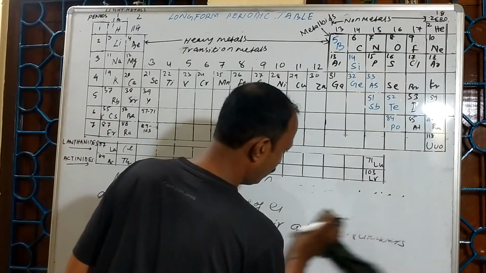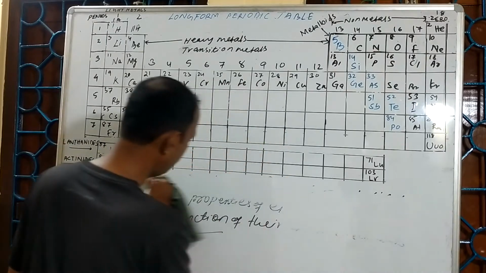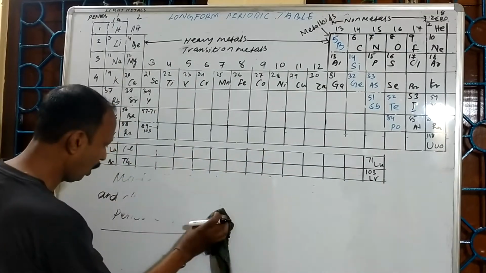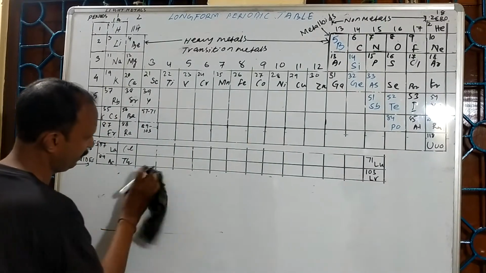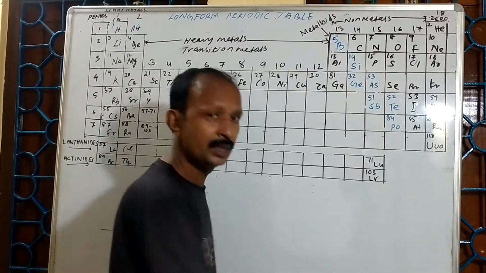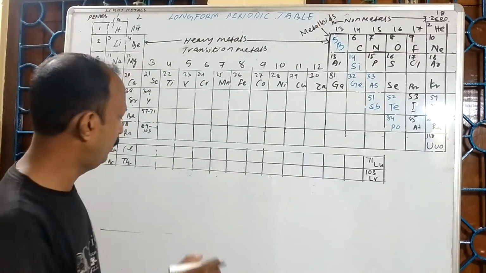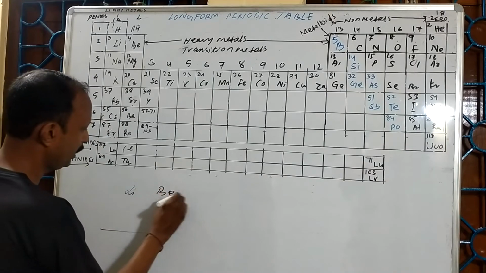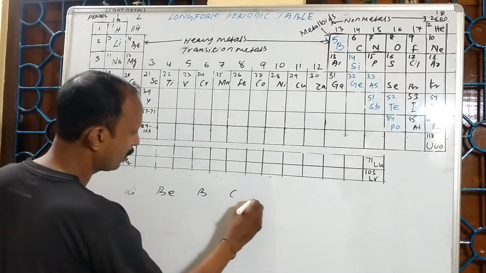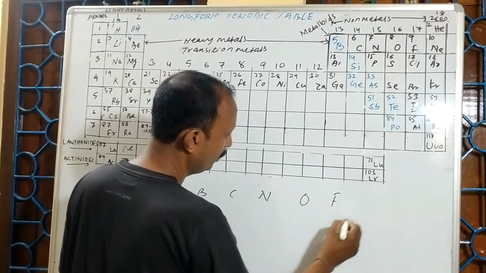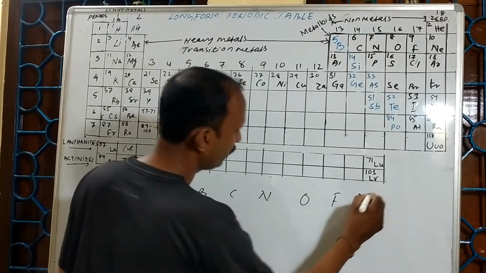For example, I am taking some elements to explain the periodic law, not the periodic table. Before that, we should know what this periodic law is. I am taking lithium, beryllium, boron, carbon, nitrogen, oxygen, fluorine, neon.